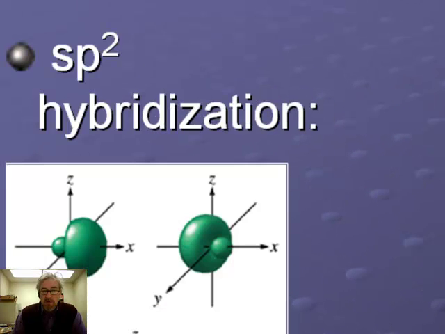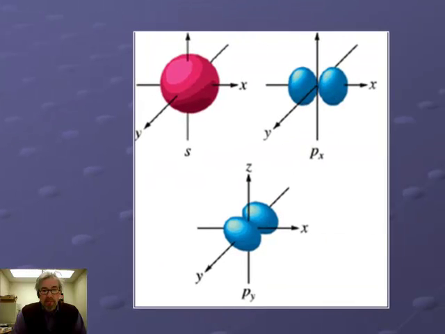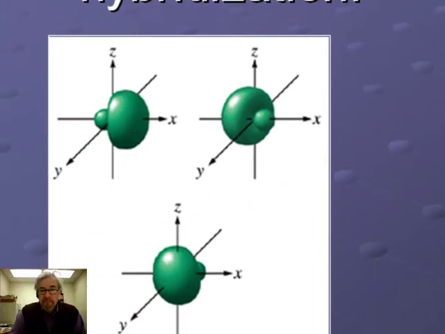What we just saw there with boron is an example of what's called sp2 hybridization. Remember, the orbitals that we have to work with are an s and p's. The one s and the two p's hybridize to make three sp2 hybrid orbitals.